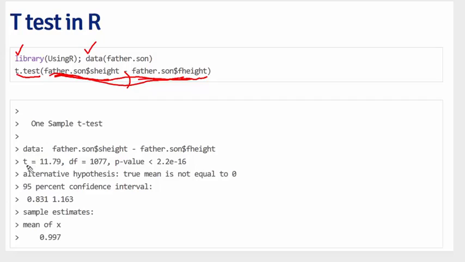It gives you your t statistic right here, 11.79. It gives you your degrees of freedom right here, 1,077. So we had exactly 1,078 pairs that we took the difference of. Now 11 is a quite large t statistic, so we reject the null hypothesis in this case. Also notice that the degrees of freedom are quite large, so the distinction between a t-test and a z-test in this case is irrelevant.